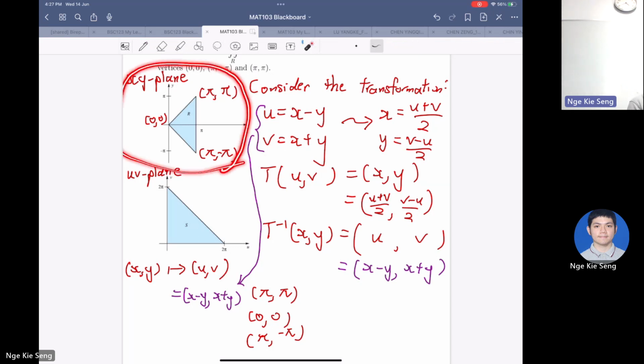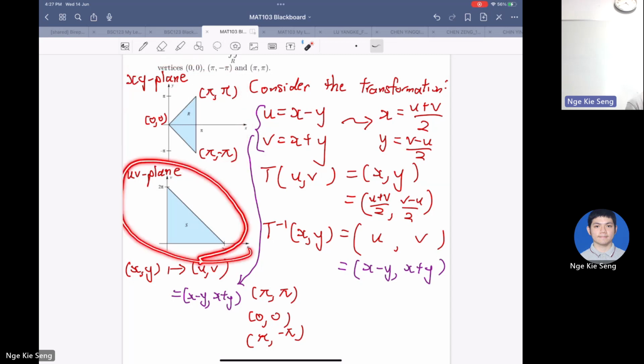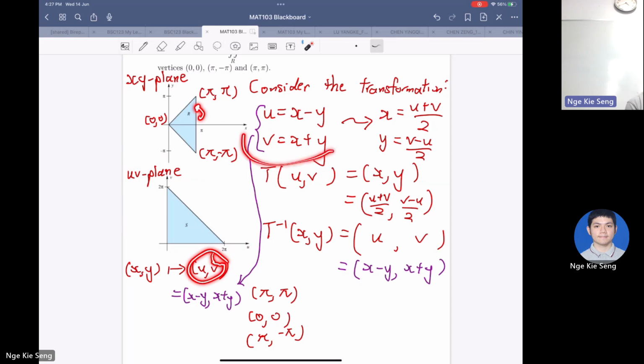We start out with an XY plane, but now we turn it into a UV plane. Meaning, given an XY point, you need to give me a UV point. So how to get UV from XY? This is the first transformation I define here, and this is the way I get the UV coordinate.